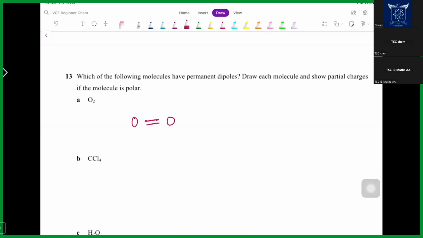So they are balanced. Same element, they will never form a dipole, right? Balanced and same element, it's non-dipole. This is not dipole. So partial charge, we do not even have a partial charge.